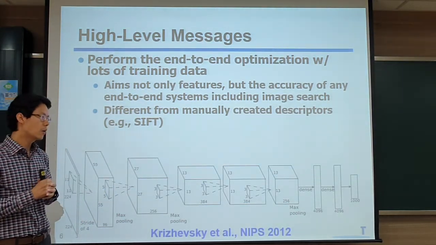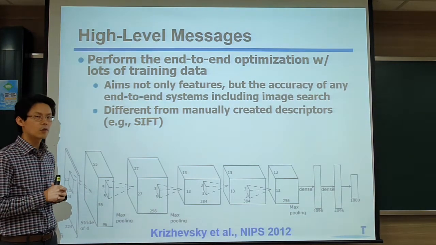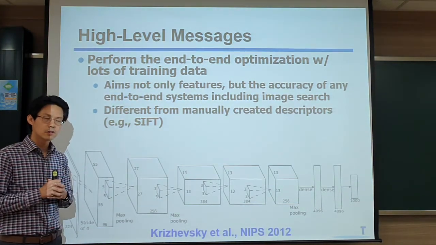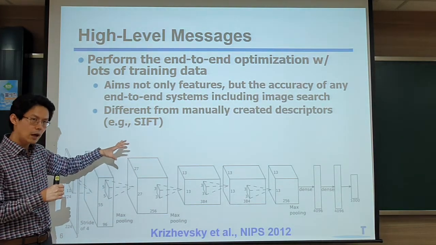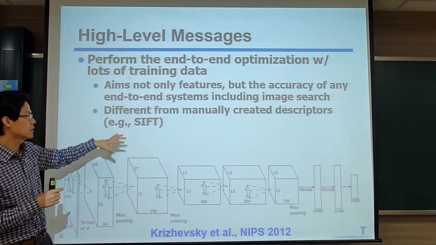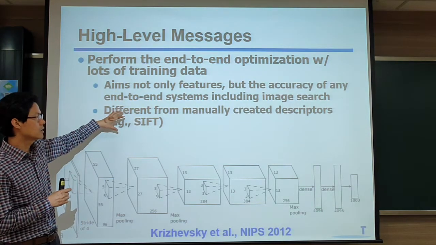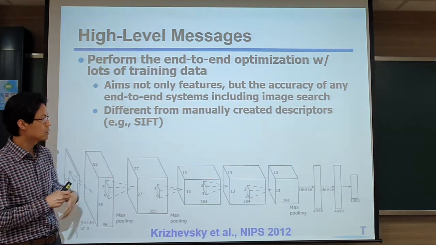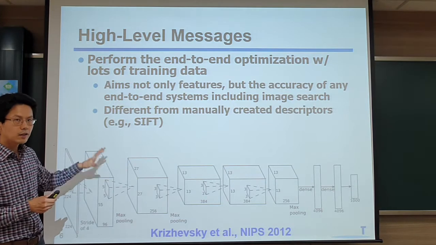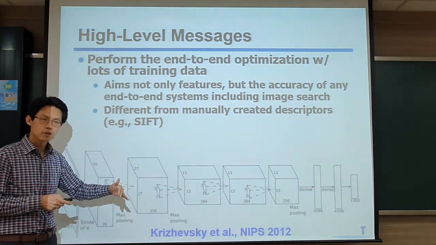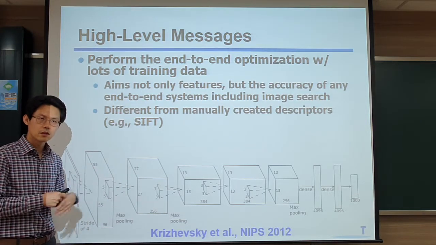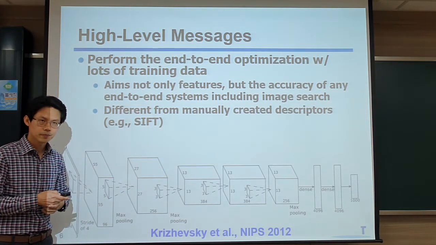So you will see later on that some convolutional neural nets are related to manually created descriptors like SIFT. I hope I can connect the manually created ones to deep learning along this convolutional neural net. But right now we are not going to talk about convolutional neural nets, but the more low-level, basic deep neural net approach.